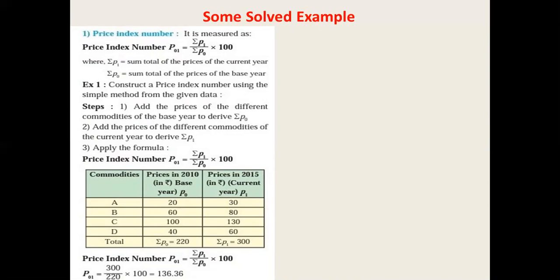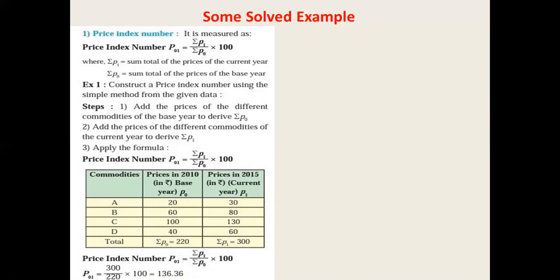For B, the base year price is 60 rupees and the current year price is 80 rupees. For C, the base year price is 100 and the current year price is 130. For D, the base year price is 40 and the current year price is 60.